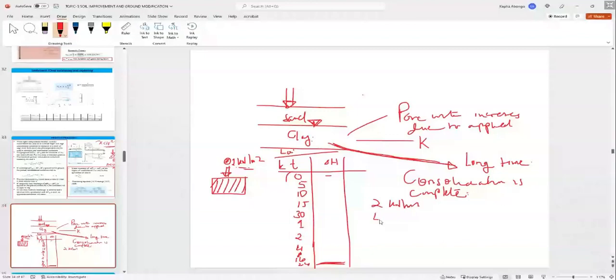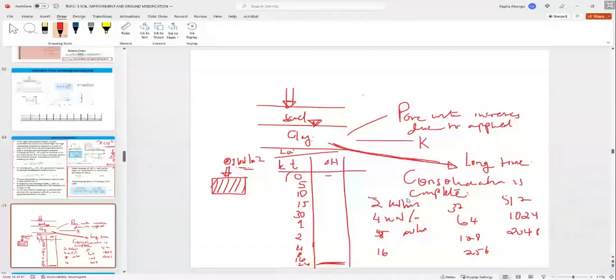Take the same reading. 4 kilonewton, take the same reading. 8 kilonewton per meter squared, take the same reading. 16, after that 32, 64, 128, 256, 512, 1024, probably 2048.